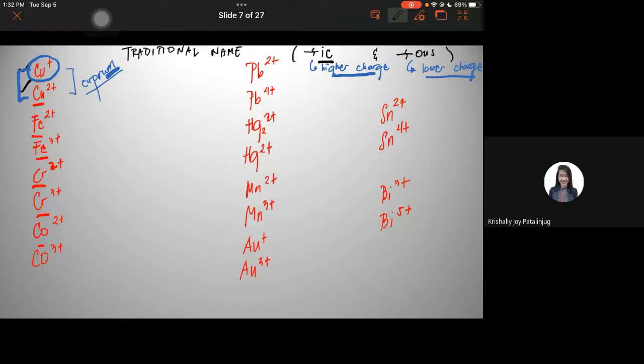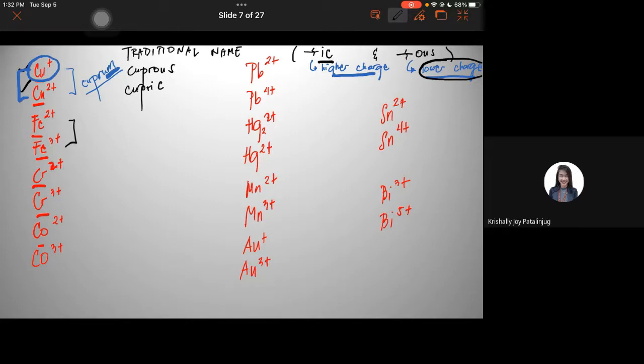The one with -us, no ending, so this will become cuprous. Why? I told you the -us suffix represents the one with the lower charge. It is added to the ending of the Latin name of the element with the lower charge. Okay, then this becomes cupric.